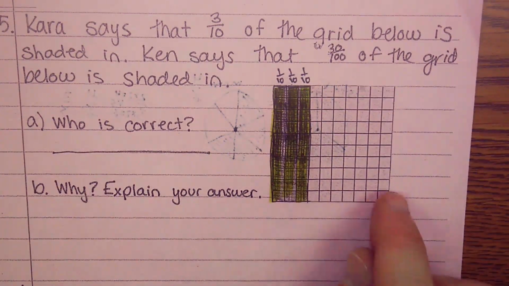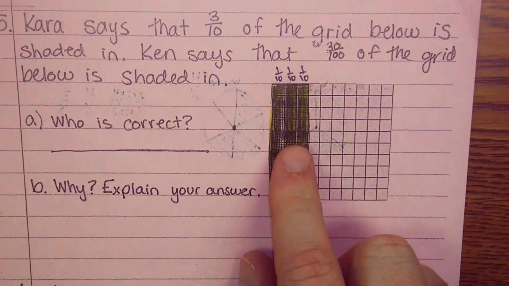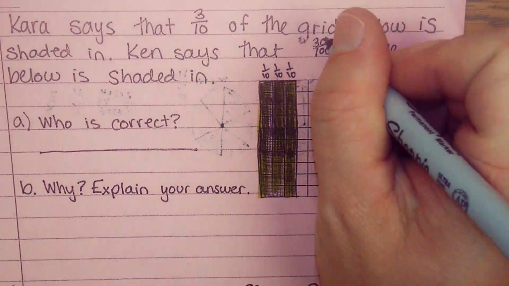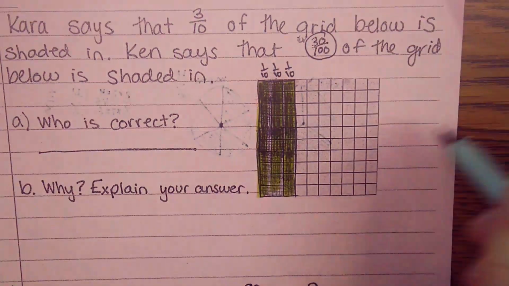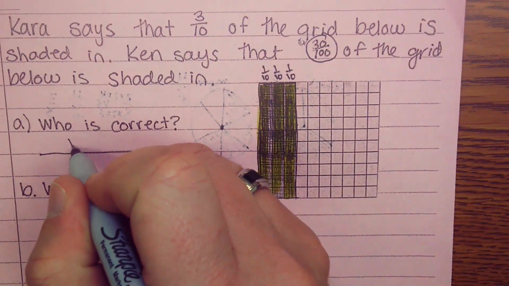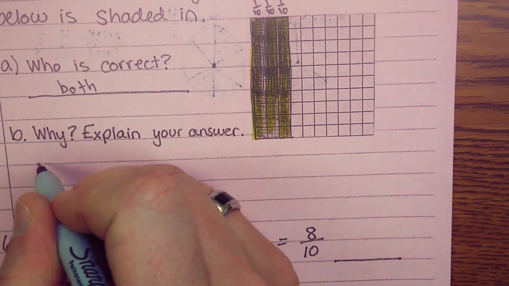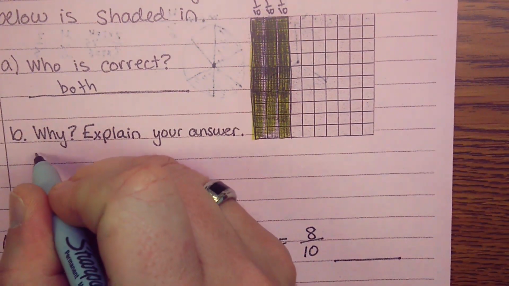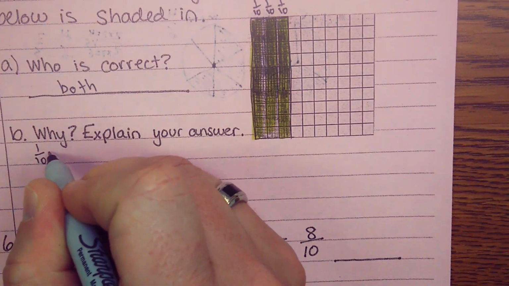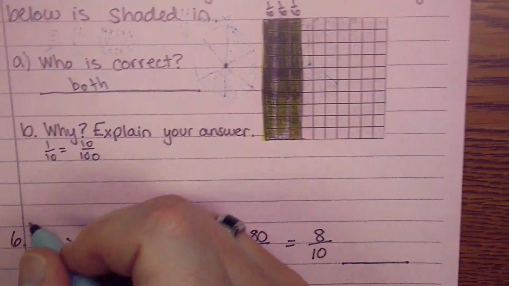if I count all of the squares, there's 100 on this grid. If I count all of the squares that are shaded in, there are 30 out of the 100. Right? So who is correct? Well, they both are. Why is that? Well, you could say that 1/10 is 10/100, right?